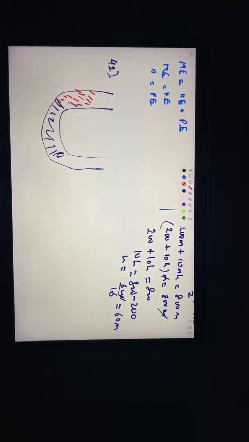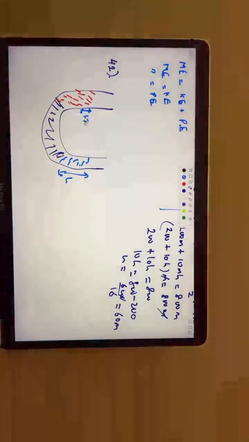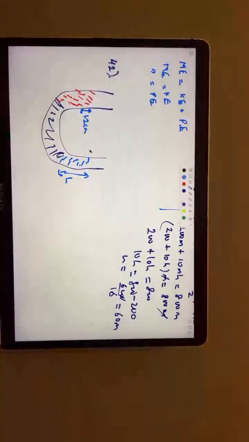Then when they pour kerosene inside here, we are looking for the height of this kerosene. But in that situation, the height of this mercury has reduced by how much? By 1.2 centimeters.